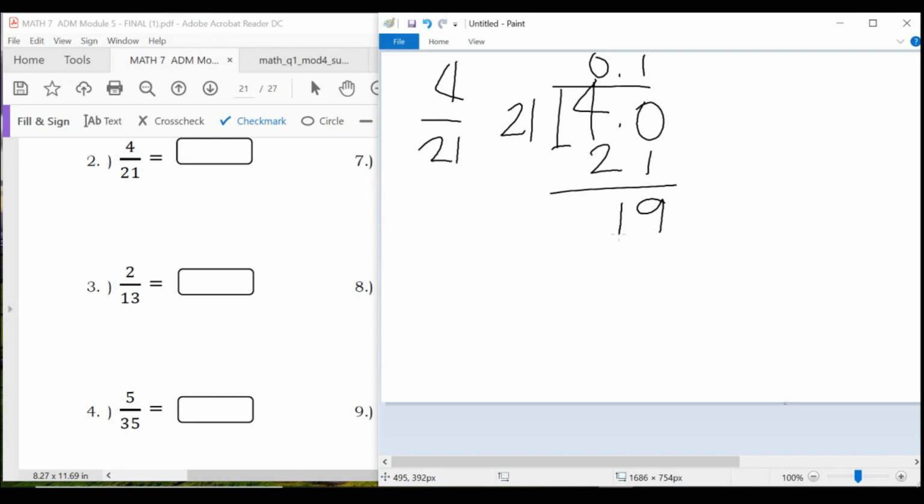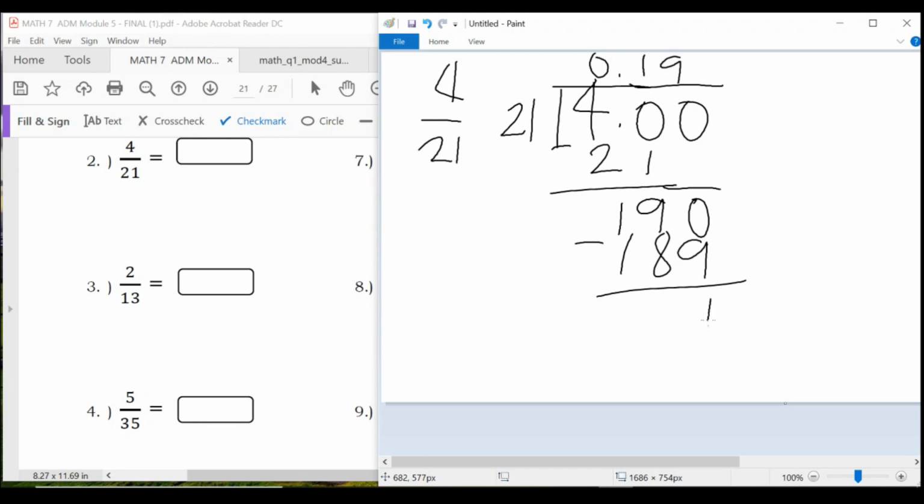So what's next? We add another 0 here, so we can bring down 0. That's 190 divided by 21. So we can try 9. So 9 times 1 is 9. 9 times 2 is 18. So we have 190 minus 189, that is 1.